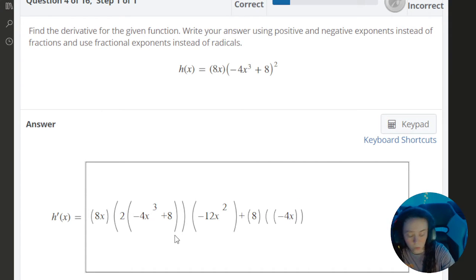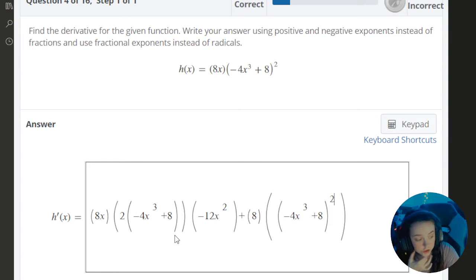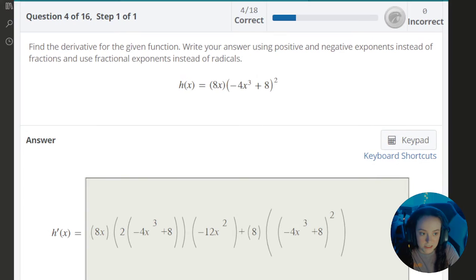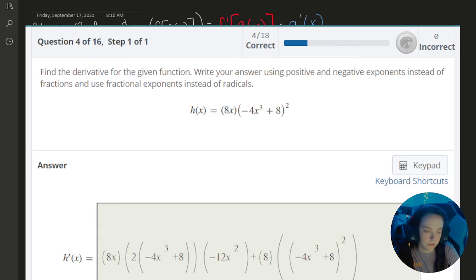Too many won't impact your problem. Too few will. All right, that should be the answer to our problem, which is really long, and I understand. This should be as far as you can change it, as far as I know. It is correct. Thankfully, because I didn't want to rework that, to be completely honest with you guys.